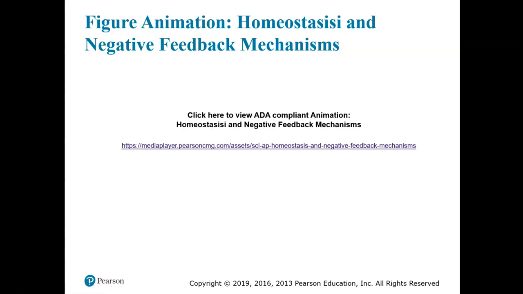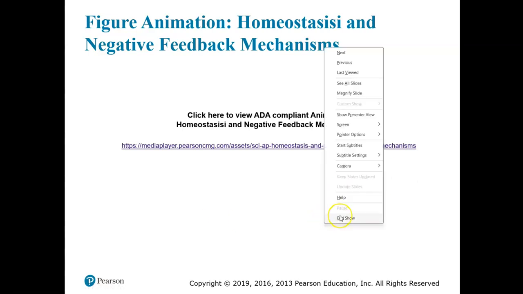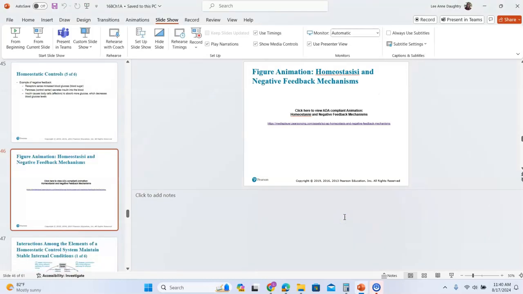There is an animation. I don't stop to play the animations when I'm doing recordings, but I will tell you the slide number for this animation so that you can watch it. It is slide number 46. So what you would do is go to Moodle, go to slides, chapter 1, slides 1A, and then in slide set 1A, you go down to slide number 46, and you can watch this animation.